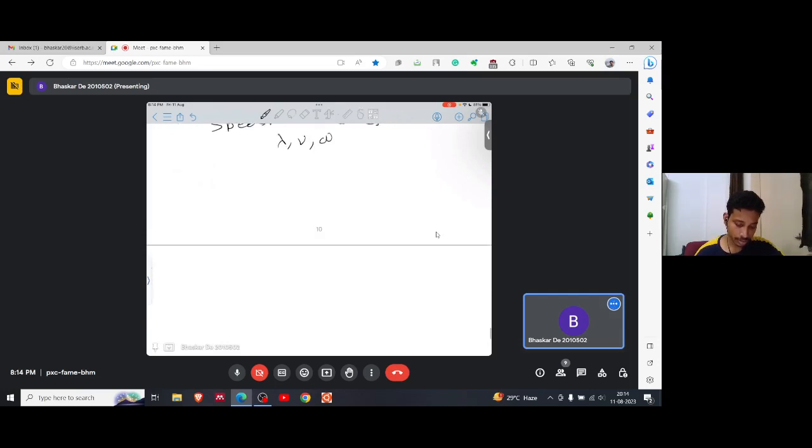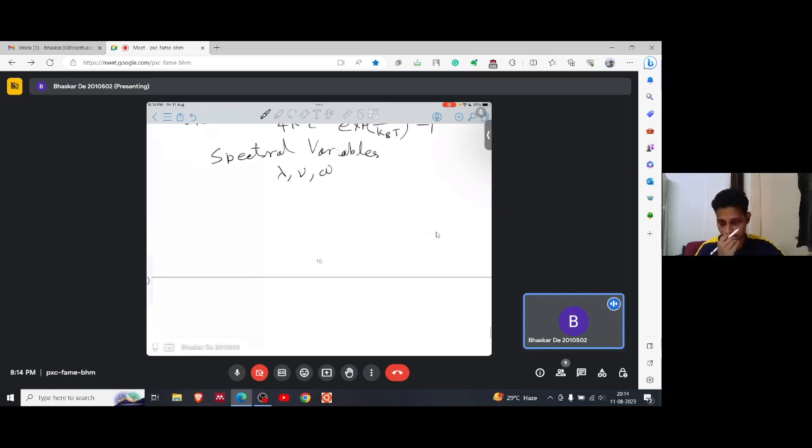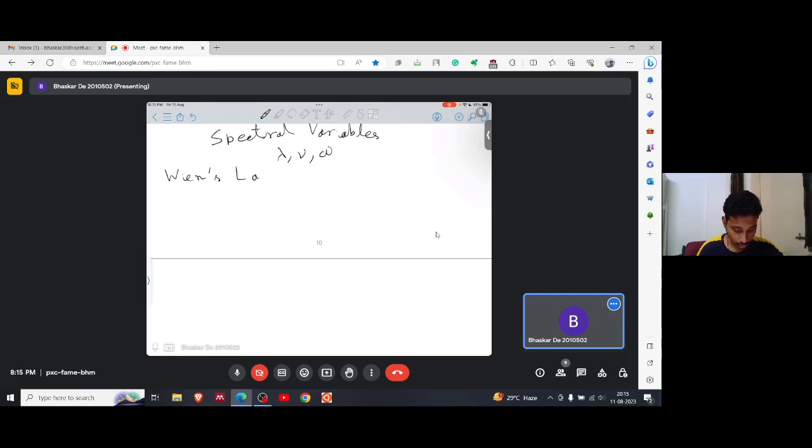Now from this Planck's law, there are two important laws that can be derived. I will not show the derivation because the derivation is not important for now, but the laws themselves are very important. One is Wien's law, another is Stefan's law.